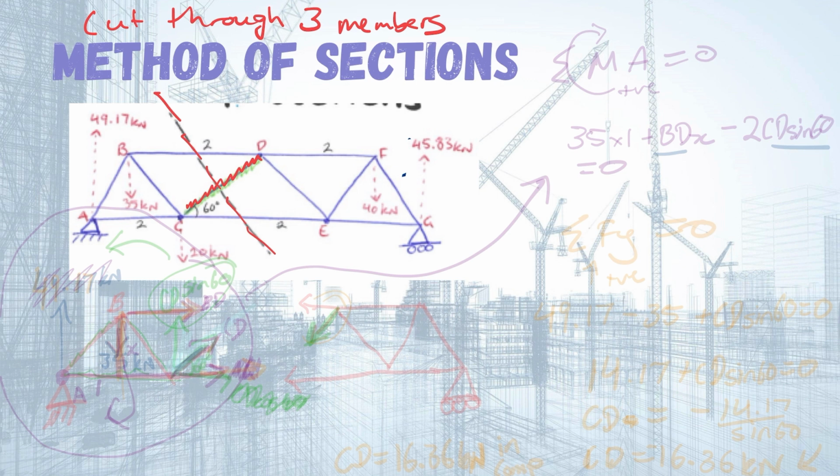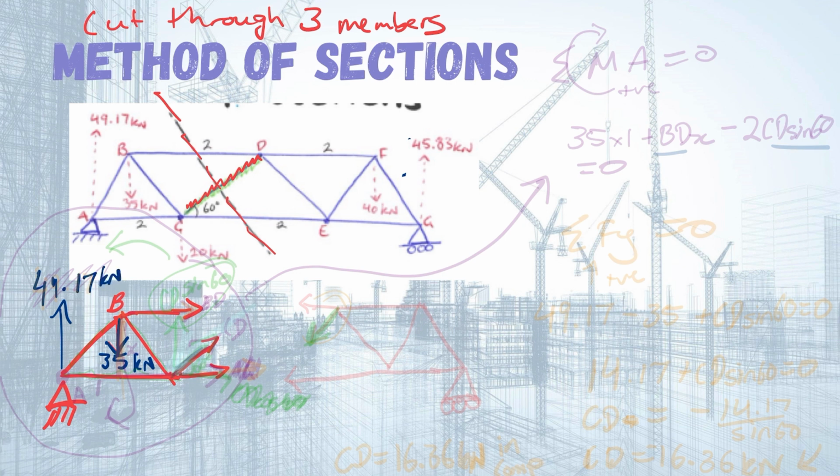So what we can do is take half of it. We could take either the left half, which would be, you draw it like this, up to B, across, down, like that. And this would be the little diagram that you'd get if you're taking that side, remembering to put the forces on. So you have 35 kilonewtons that way, and it looks like 49.17 kilonewtons that way.